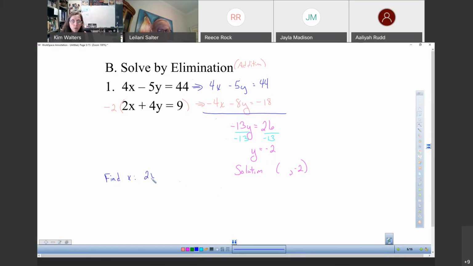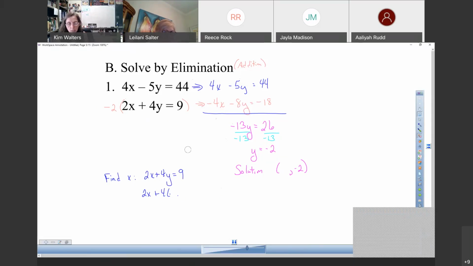I'm going to use 2x plus 4y is equal to 9. And so I have 2x plus 4 times negative 2. Let's change that into a nice pink one so we can see where that came from. So 4 times negative 2, and this is equal to 9. And now I have an equation where I can solve for x.